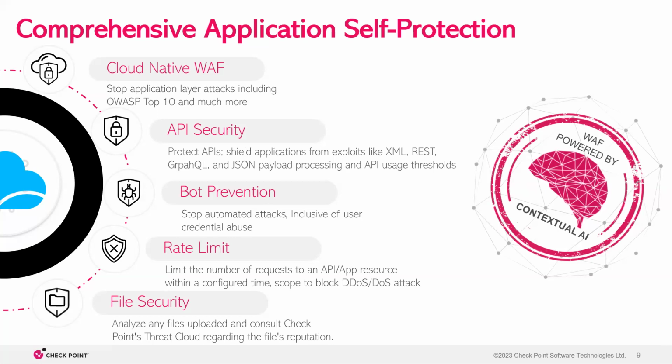If you're familiar with some of our antivirus blades or threat extraction, threat emulation, those types of things, we can take files that are coming in and scrub them through our Checkpoint Threat Cloud, which is a large AI machine learning security repository, right? That has many different ways of helping customers prevent those zero-day attacks and securing their environments.